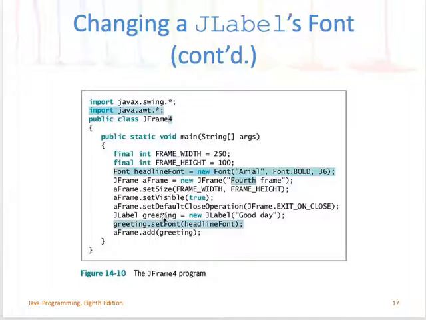So now we use this object greeting dot set font, headline font is going to use, and then here's the add part I was talking about. So now we take JFrame, which is our imported object. We're saying, hey, in this frame we want to add what? Greeting, which goes to the label. But let's say that we didn't do this, and in our lab we're going to not do this and see what happens. It won't work. So we'll talk about that more often.